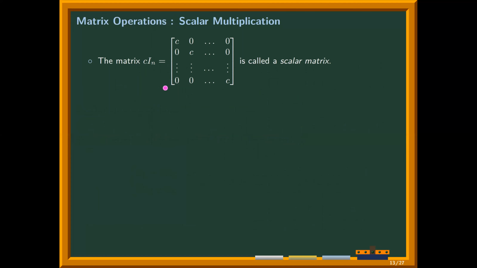If we multiply I sub n by a scalar C, then we obtain a matrix of this shape, which is a diagonal matrix, and such a matrix is called a scalar matrix.